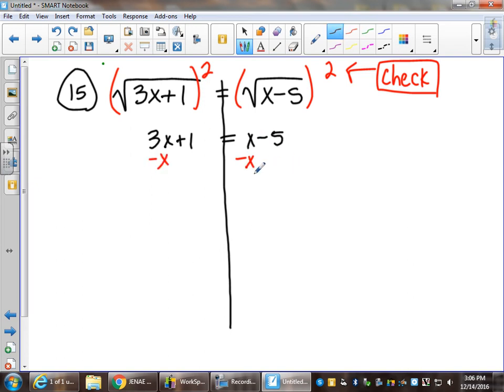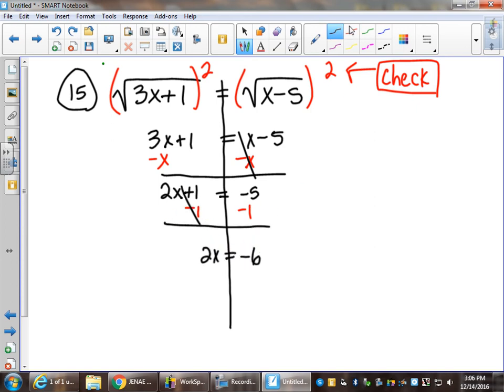I get 2x plus 1 equals negative 5. Subtract 1 from both sides. 2x equals negative 6. Divide by 2, divide by 2. x equals negative 3.